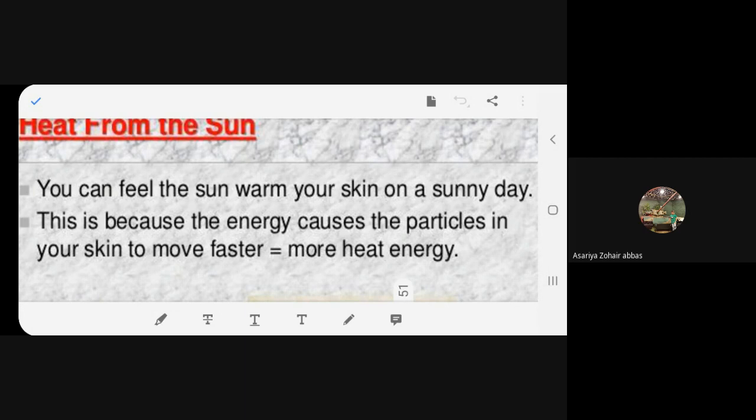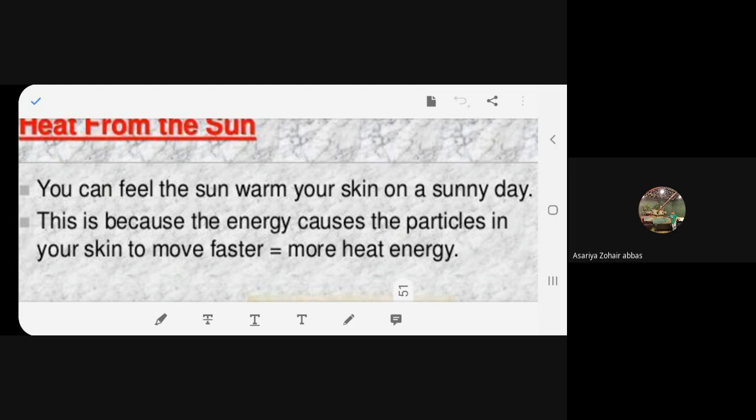You can feel the sun warm your skin on a sunny day. This is because the energy causes the particles in your skin to move faster. More heat energy. If you're out on a sunny day, you feel your skin warmer. Why?